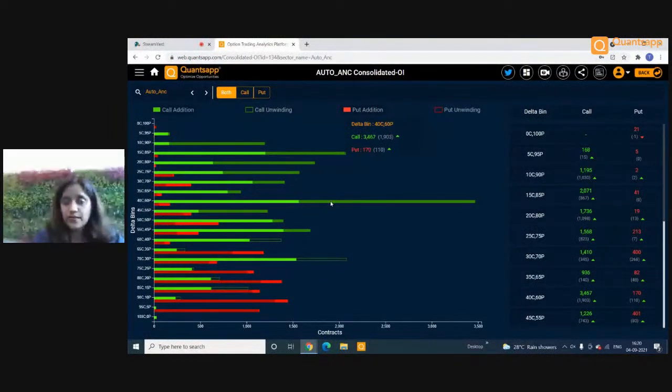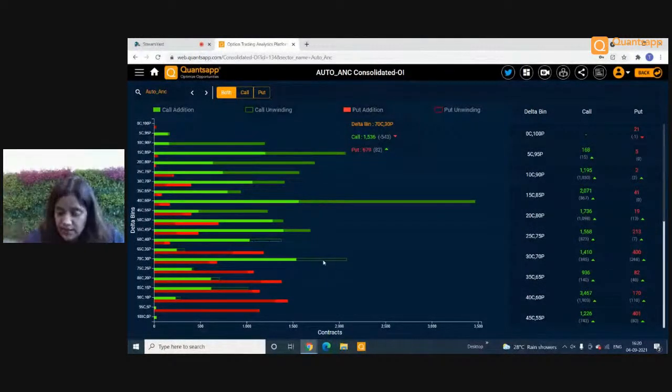And we saw good addition happening on the 40 call. That means we saw a breakout happening in this sector on Friday, where the 70, 60 strikes' delta saw unwinding, and it got shifted on the upside.